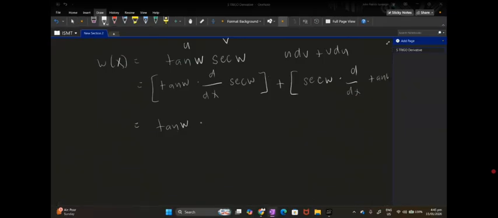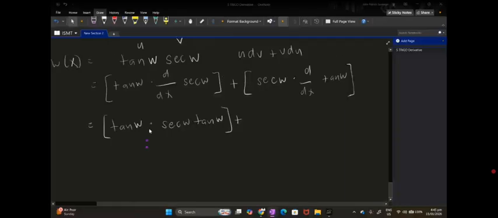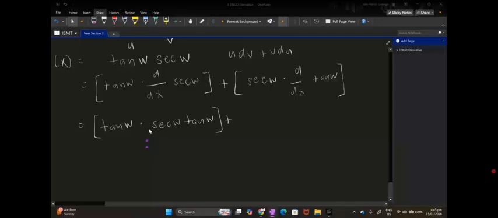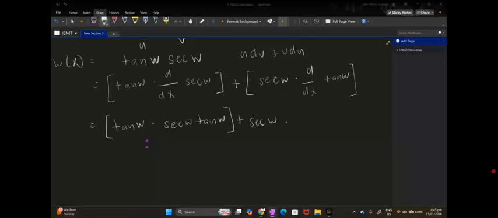So, it's gonna be multiplied by secant W tangent W plus secant W multiplied by the derivative of tangent W, it's secant squared W. Yan.